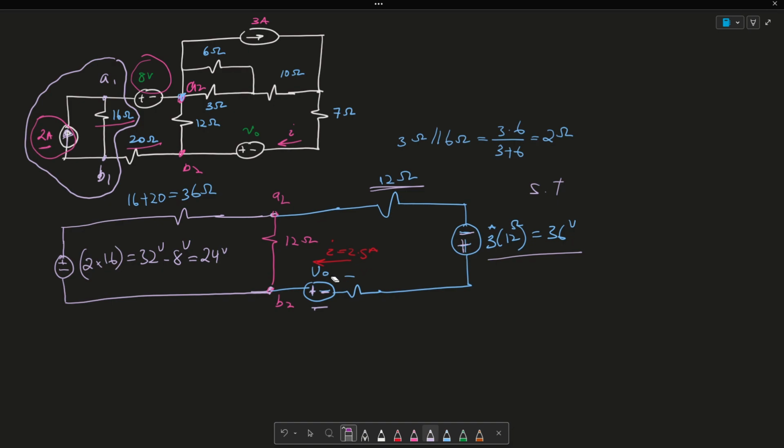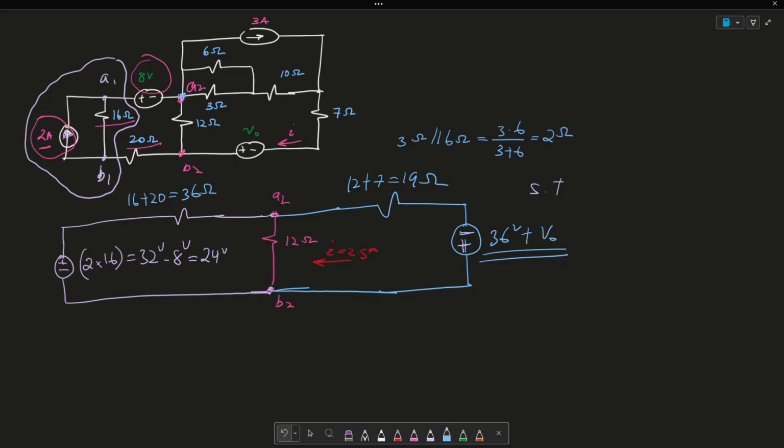What I'm going to do is cancel this here, and I'm going to make this a wire. And I'm going to say 12 plus 7 is 19 ohms. And then here, I'm just going to simply add 36 volts plus V out. Again, we don't know what V out is, so it just stays as a variable.